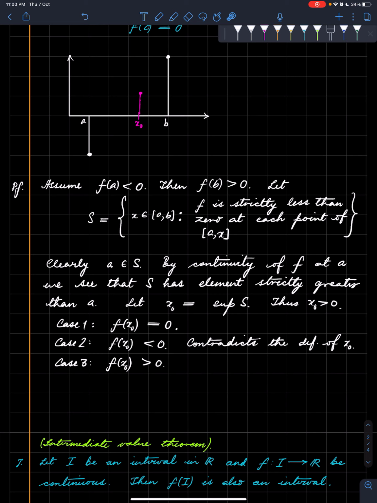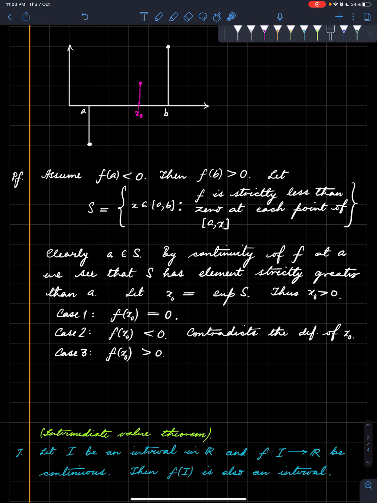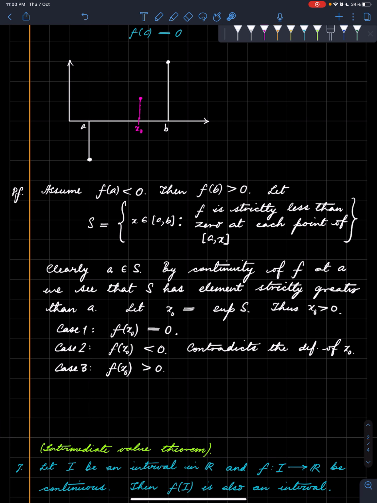And since x naught is in S, it cannot take positive value. So it perhaps could take positive value, but let me argue that it cannot, because x naught is equal to the supremum of S, and if you take anything less than x naught, then that point is in S. Anything less than x naught is in S. Please convince yourself.